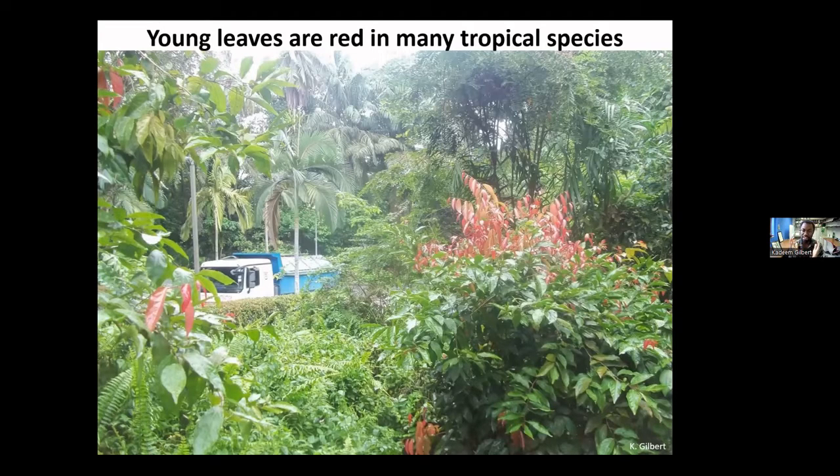If you spend any time in the tropics, you've probably seen trees like this or other plants where the young leaves at the top that are directly exposed to sun are red. And then when they become mature and fully expand, then they turn green.